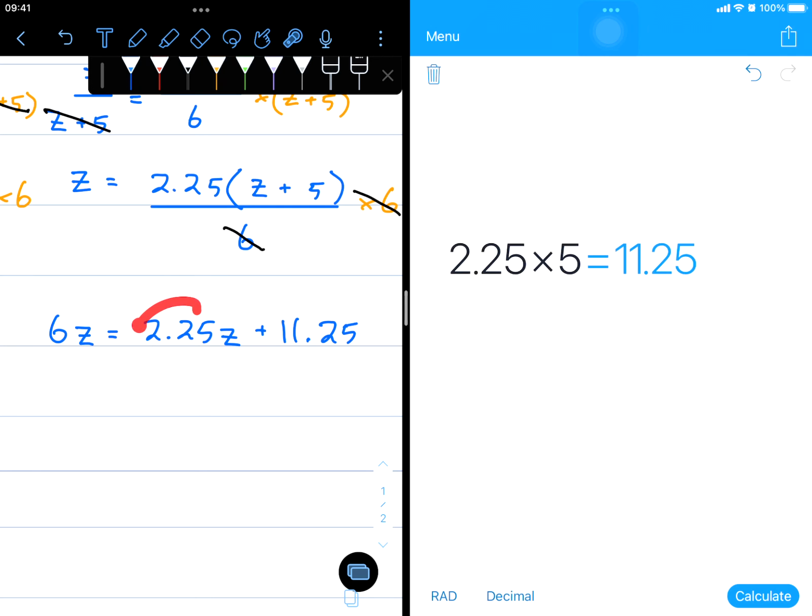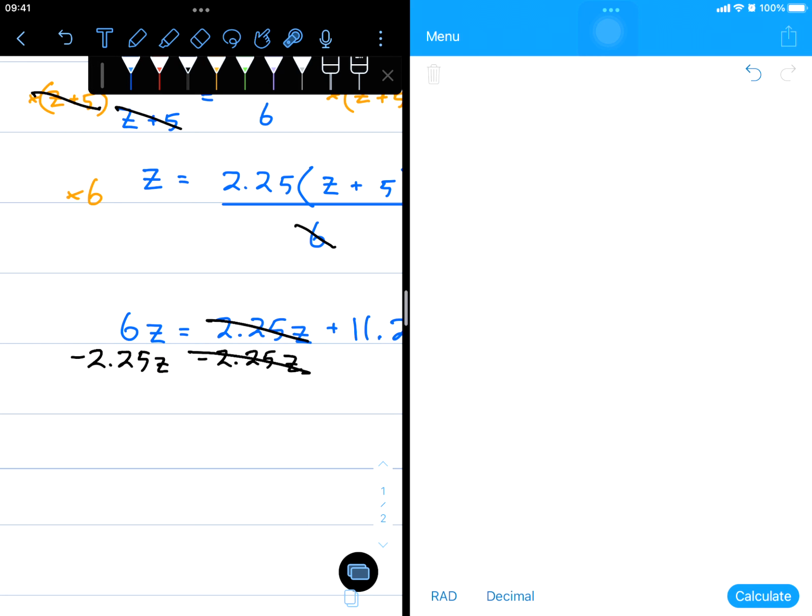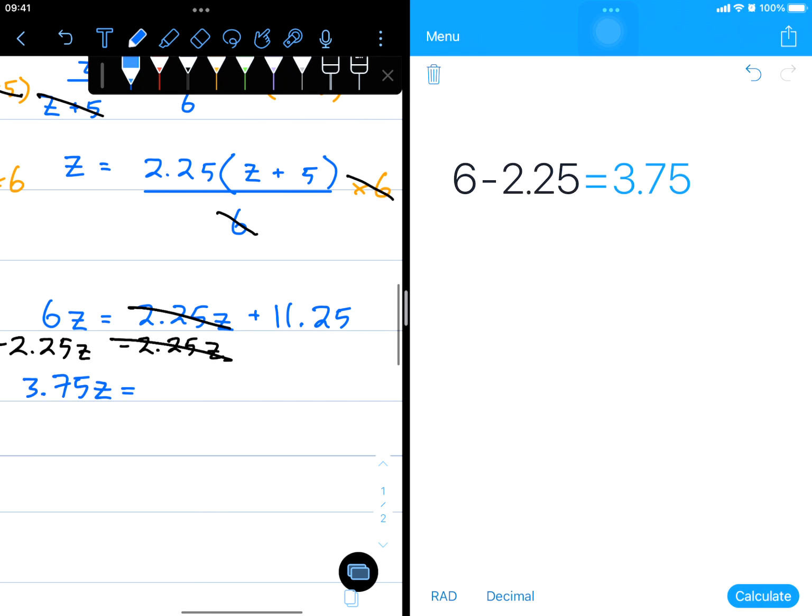Now I want to get rid of this Z here, so I'm going to subtract 2.25Z from both sides. This cancels this. And I need to double check 6 minus 2.25. This gives me 3.75Z is equal to 11.25.